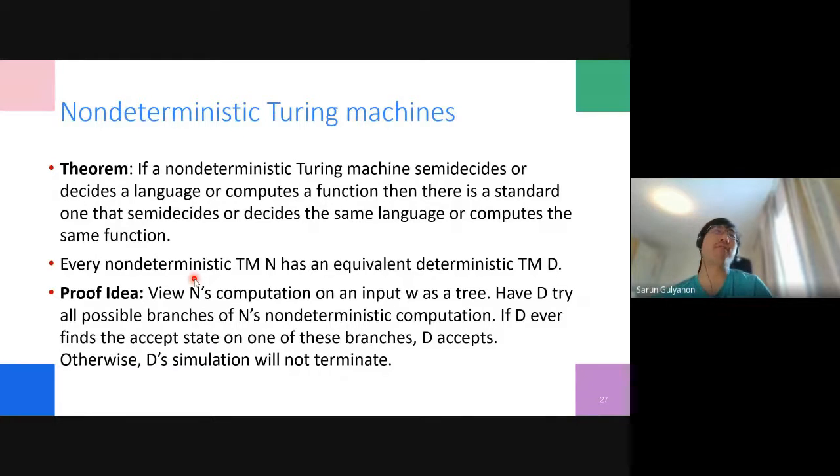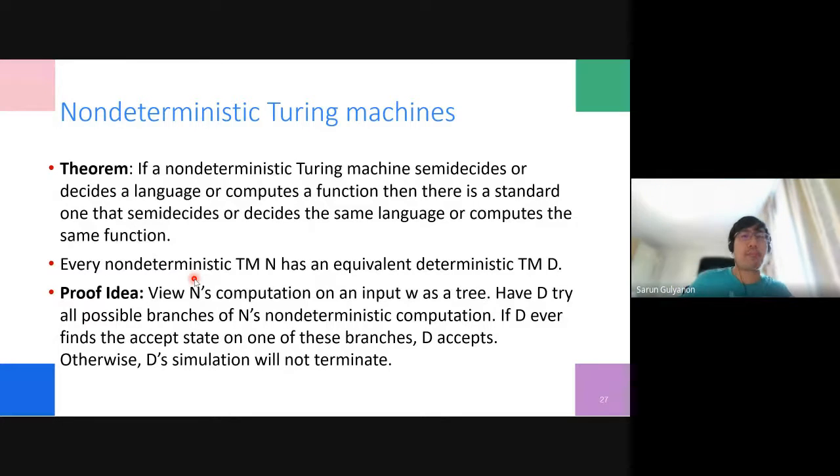Think of a tree where each node is a configuration, and there are edges connecting a configuration to its possible next configurations in one step. That way we start from the initial configuration, and from there we keep expanding to multiple possibilities. We can write it as a tree.